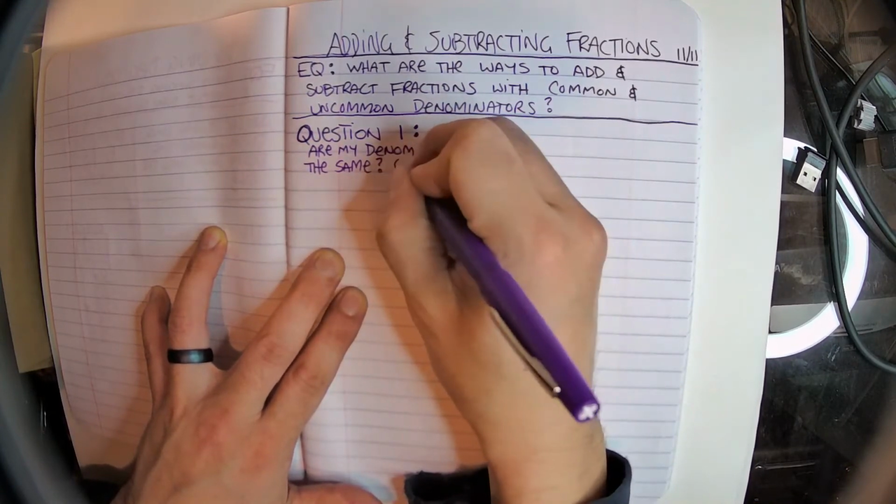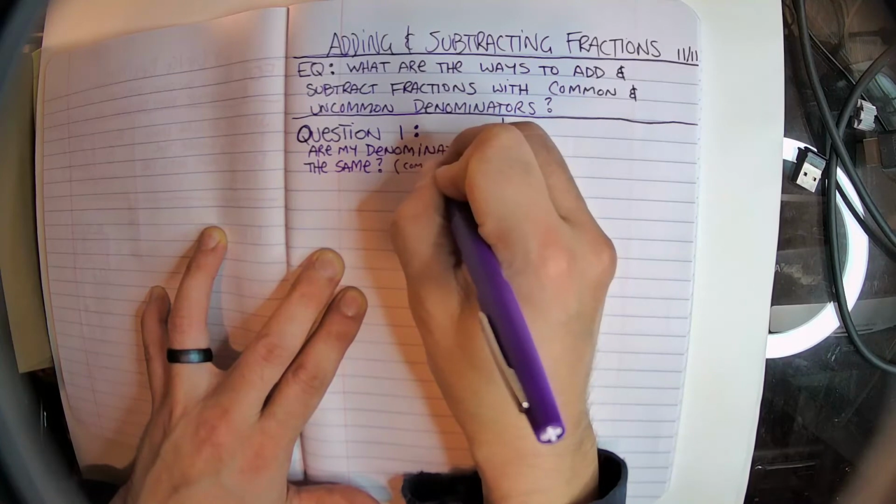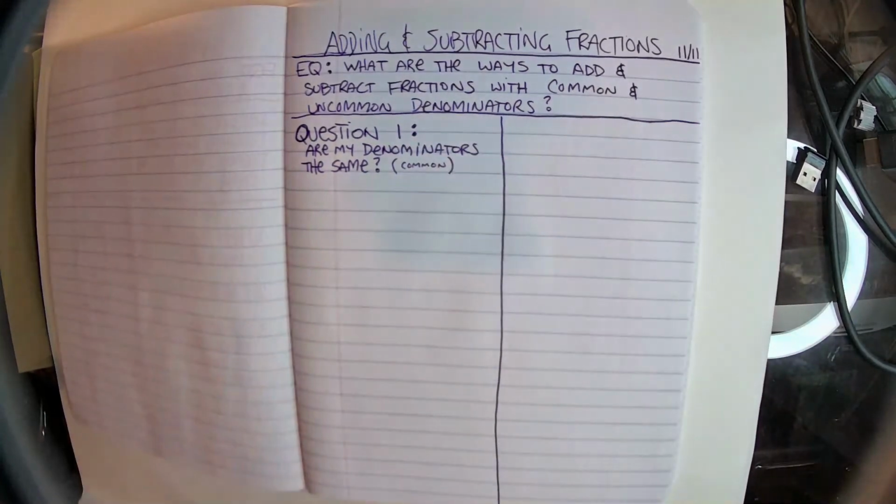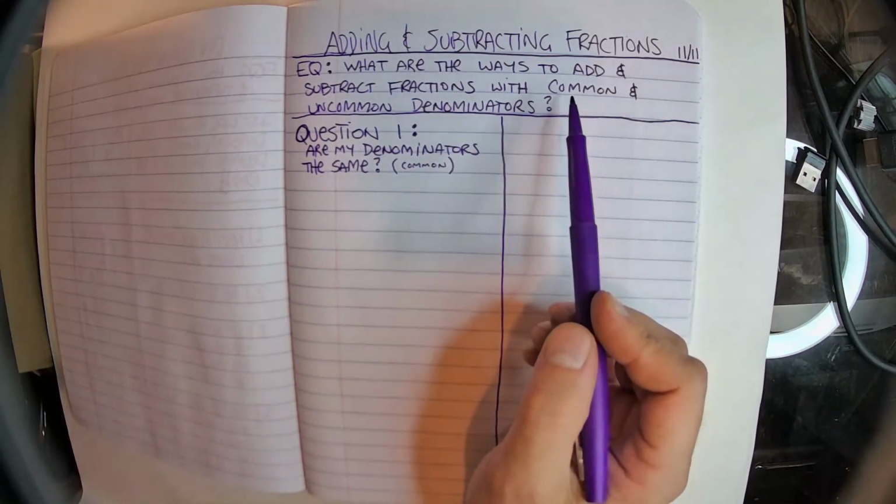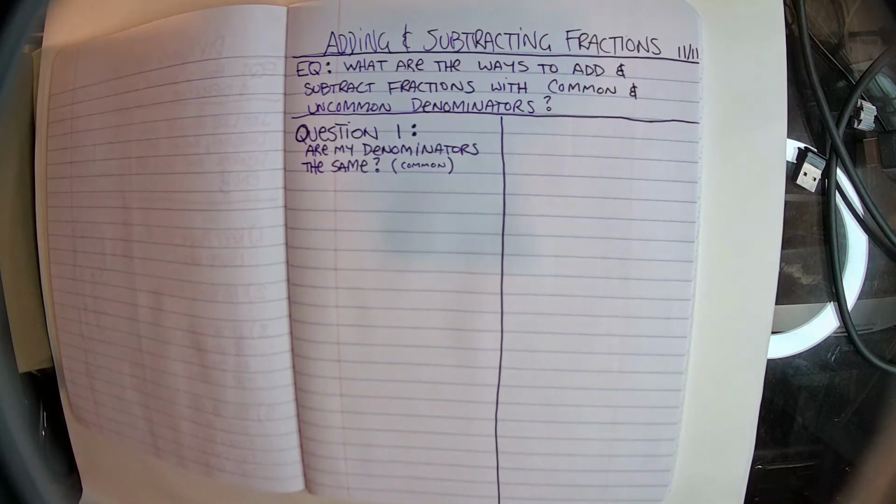Remember, another way of saying same is common. And that's what we wrote in our essential question right there, too. So our essential question is, what are the ways to add and subtract fractions with common and uncommon denominators? So the first thing we ask ourselves is, are my denominators the same?